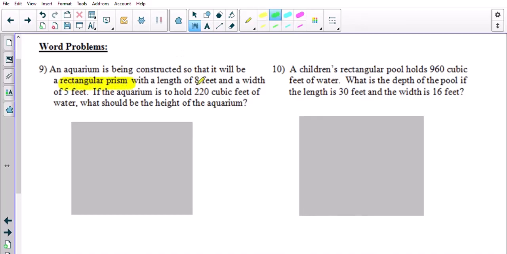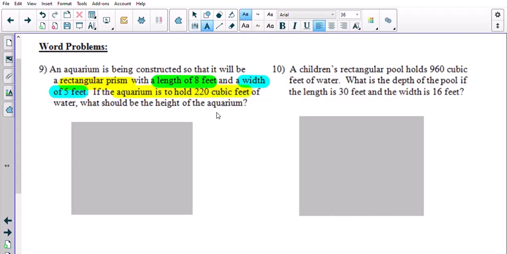We know that it has a length of 8 feet. We always want to identify that information we're given, a width of 5 feet. And we know that this aquarium is going to hold 220 cubic feet. That right there represents the volume.